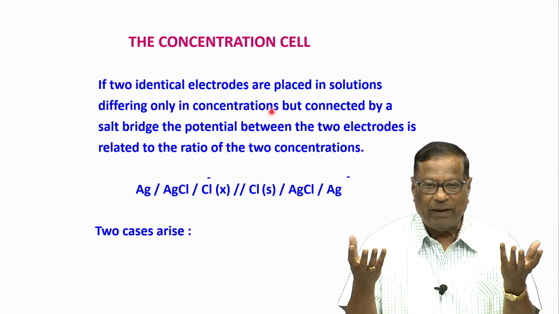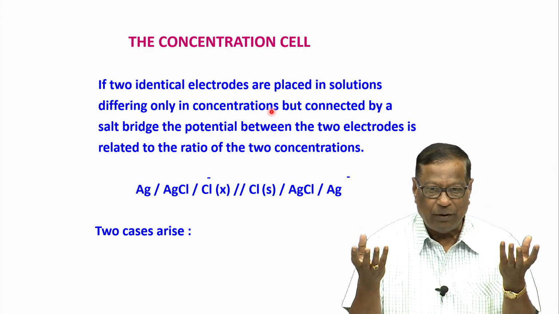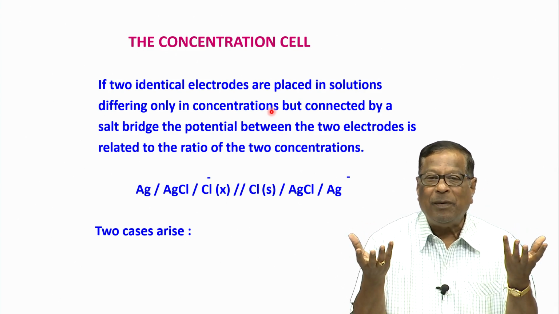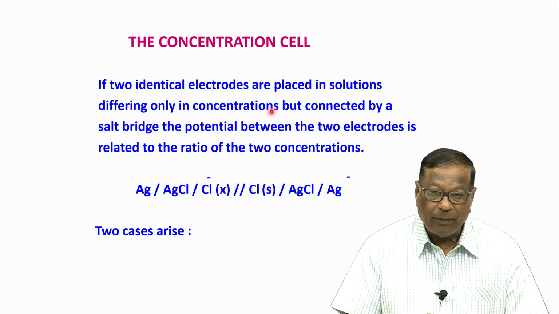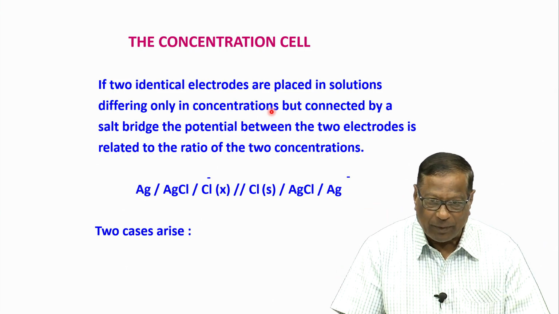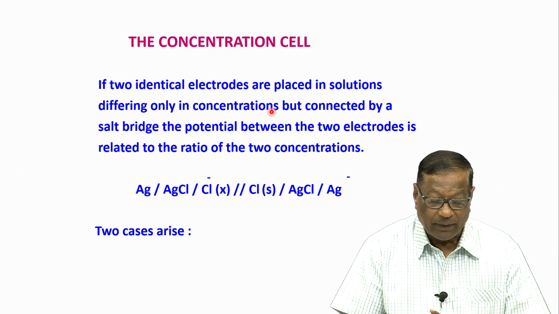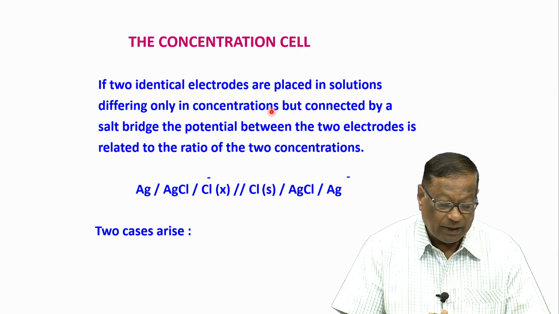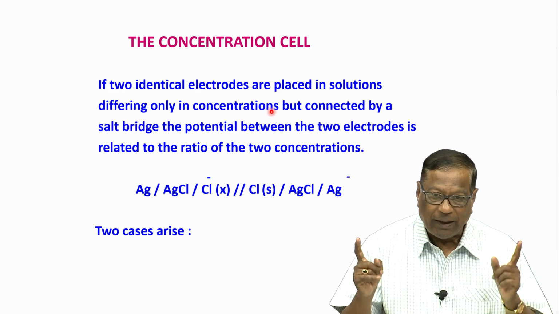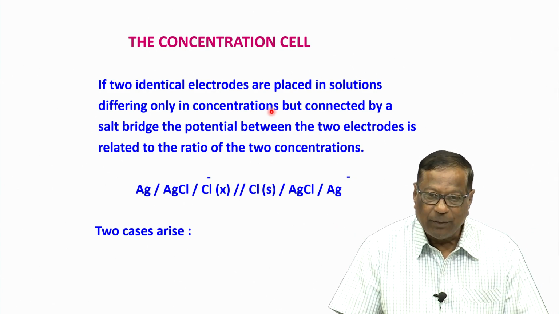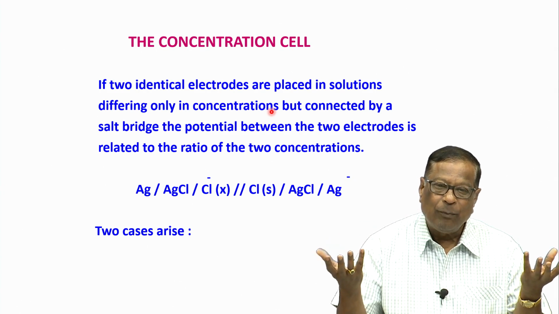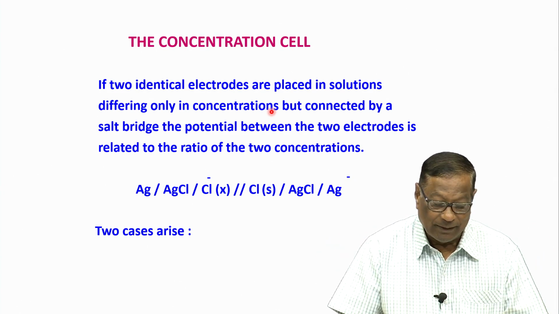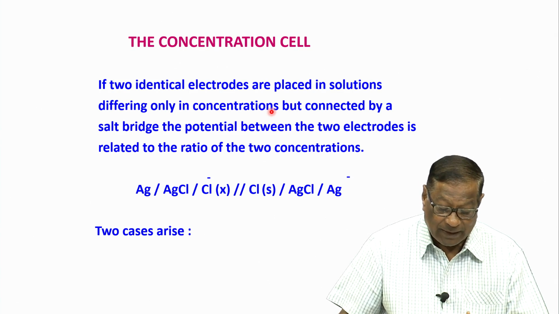I take two beakers, there are two solutions of different concentration, but same material. They are connected with the salt bridge also. So, the potential between the two electrodes must be related to the concentrations, because it is the same electrolyte in both the beakers. So, I can write something like this.